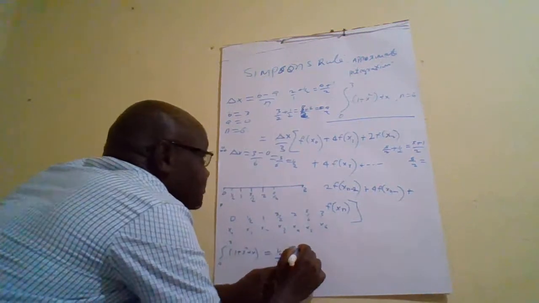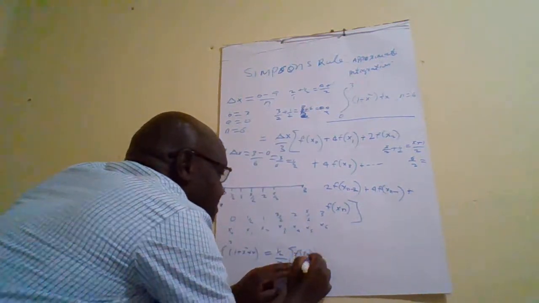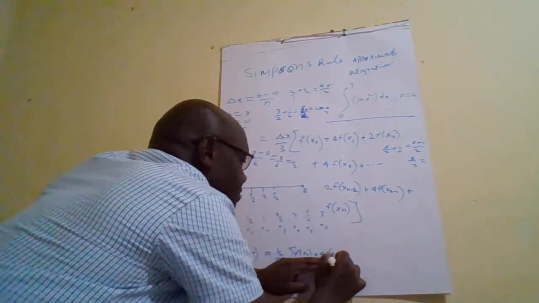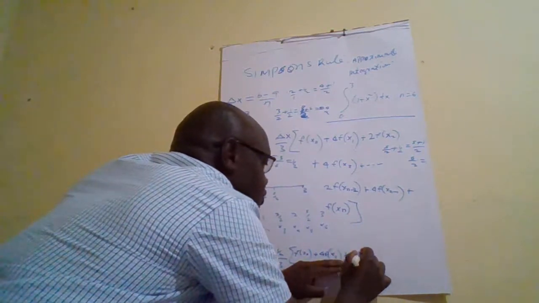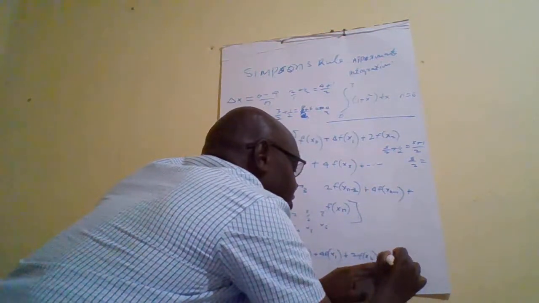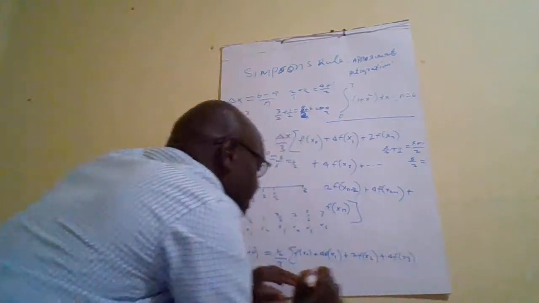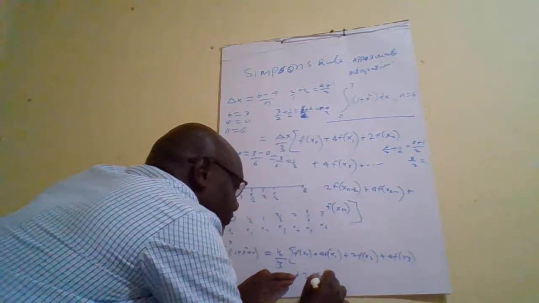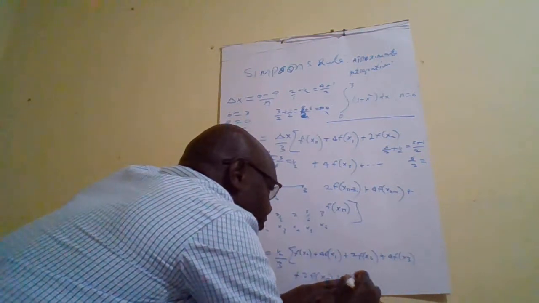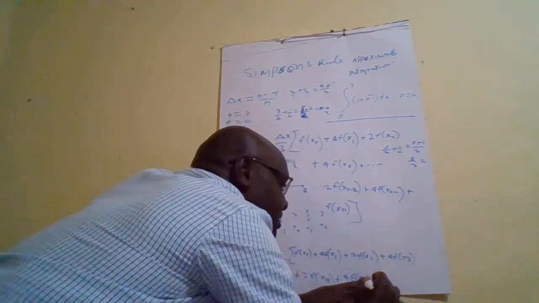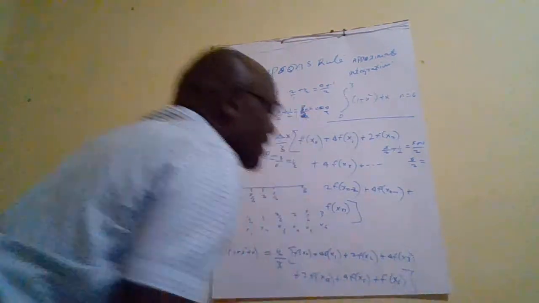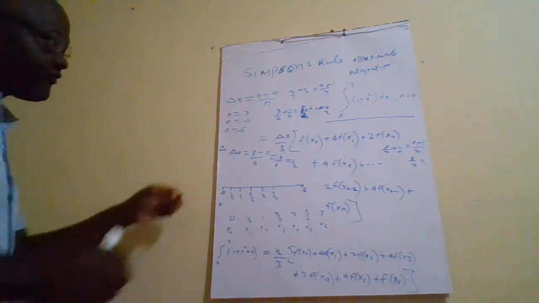So we shall have f of x0 plus 4 f of x1 plus 2 f of x2 plus 4 f of x3 plus 2 f of x4 plus 4 f of x5, then lastly plus f of x6, like that. This is what we are going to have.